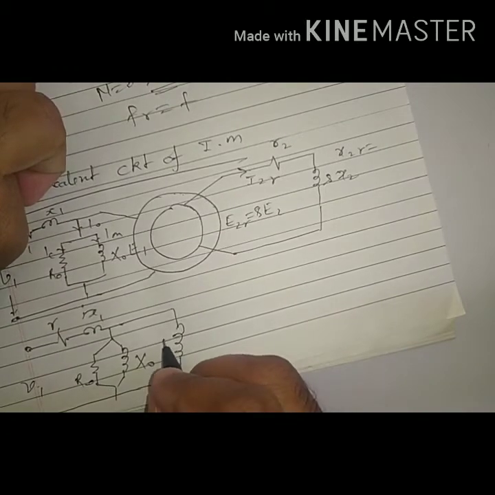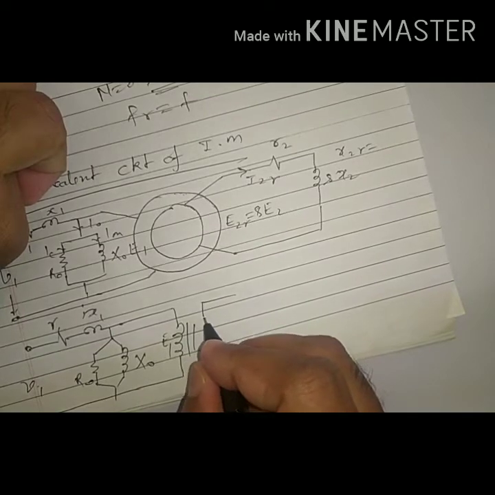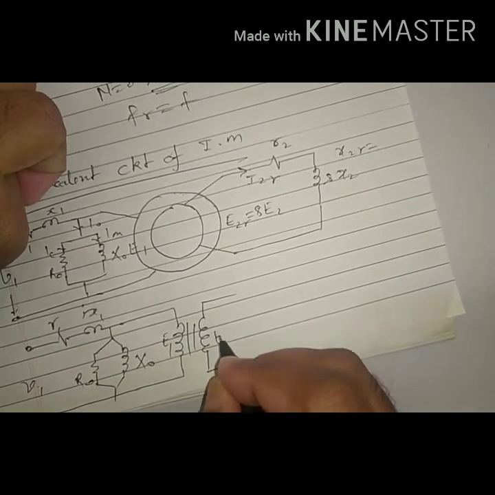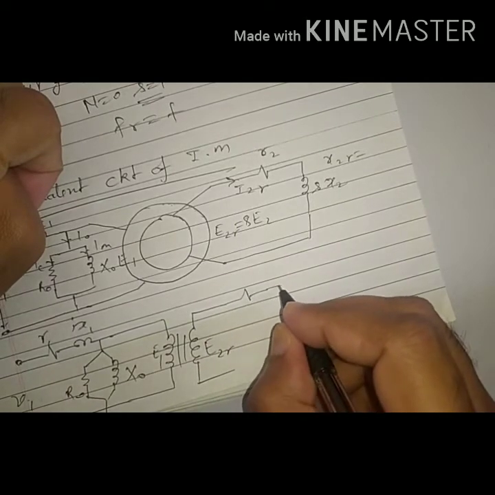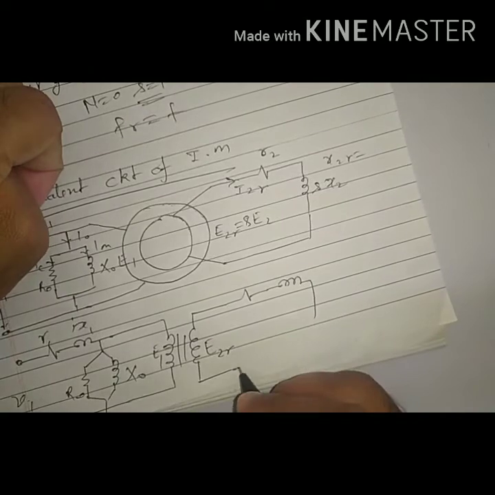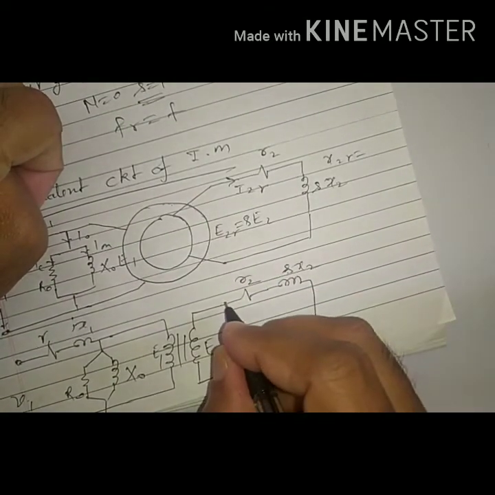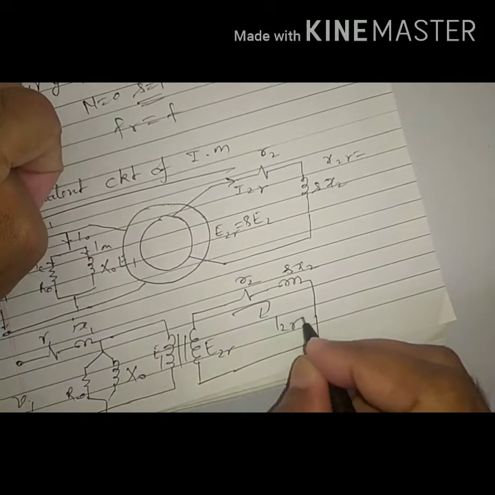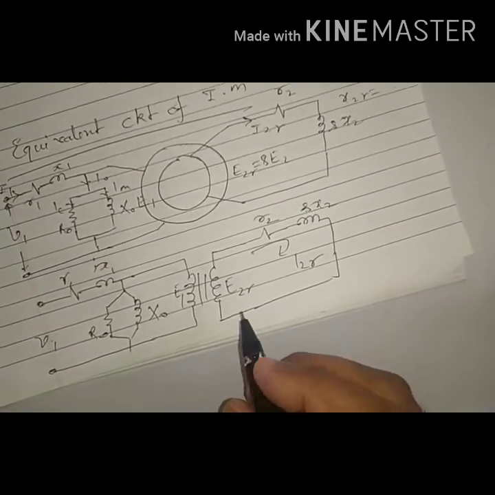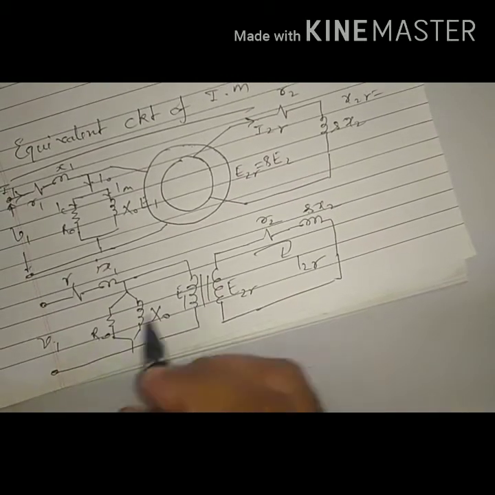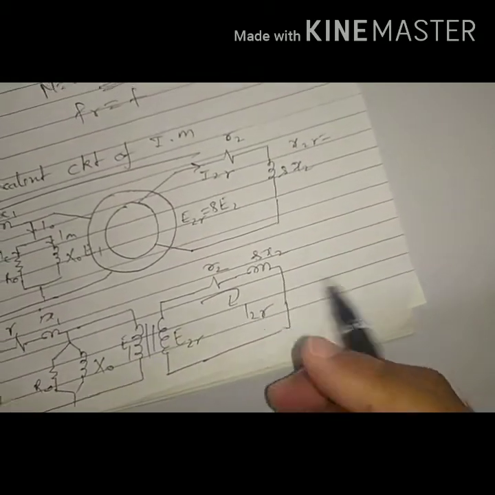EMF induced here is E1, and it will be E2R, R2 and SX2. Current here is I2R. Now this circuit can be transferred to the stator side or rotor side.